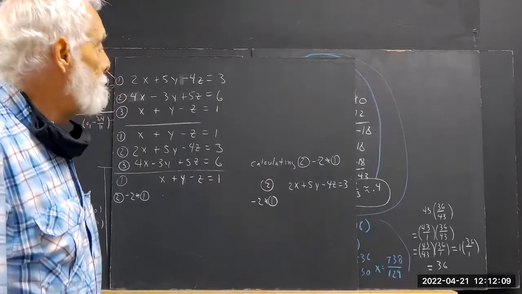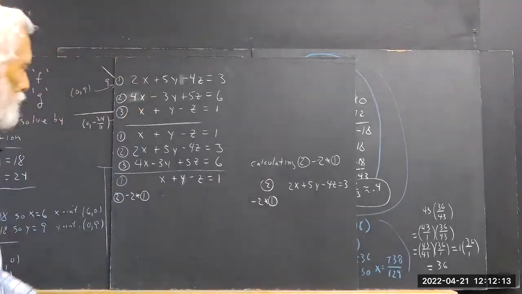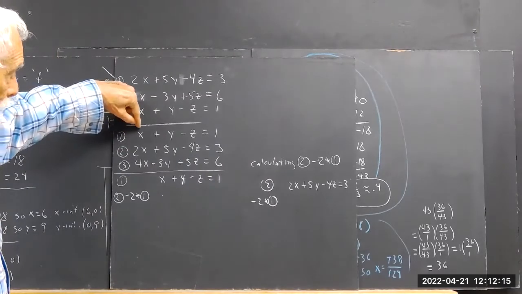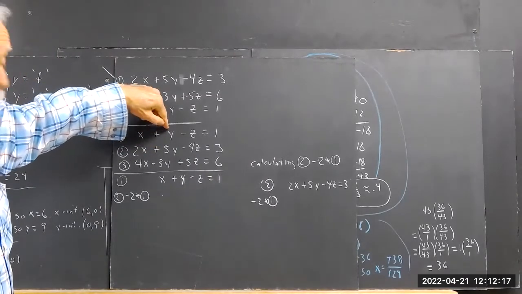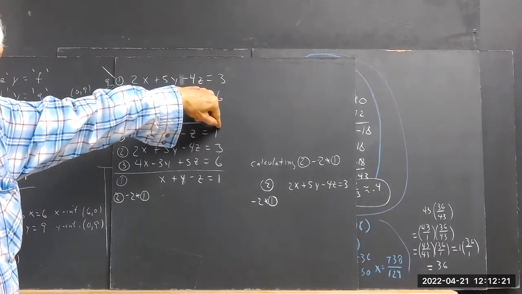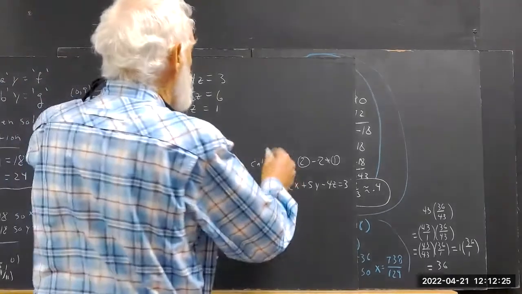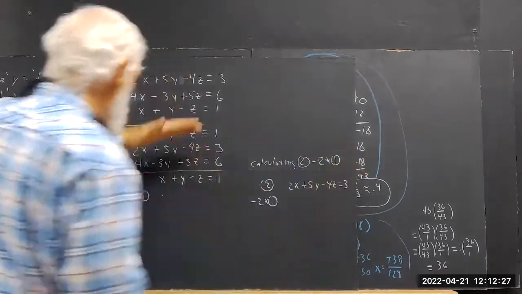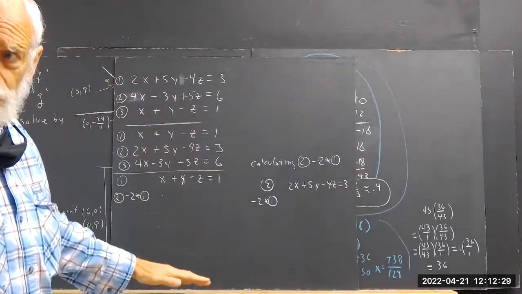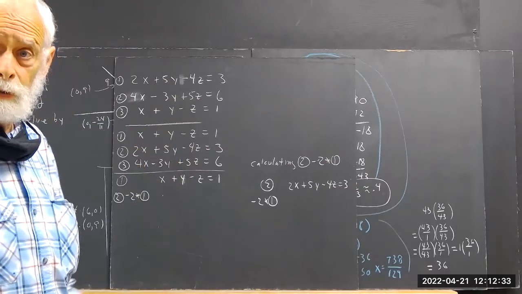Okay, well, -2 times equation 1 is, well, -2 times x and -2 times y, -2 times -z, and -2 times 1, right? So I'll even write that up here, off to the side. I don't want to write anything below this, and you'll see why. A lot of people wrote stuff below here.